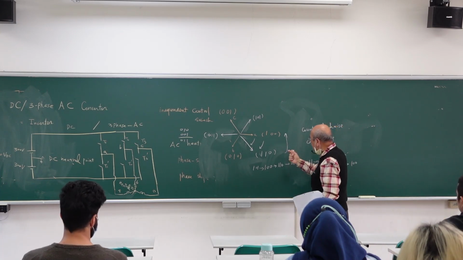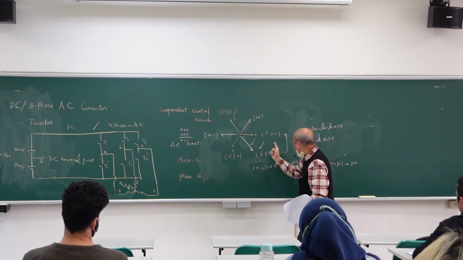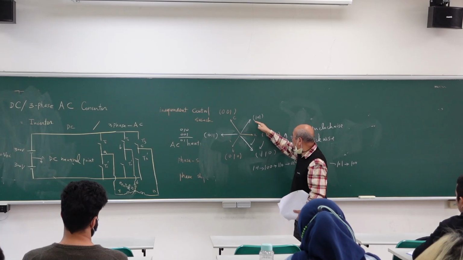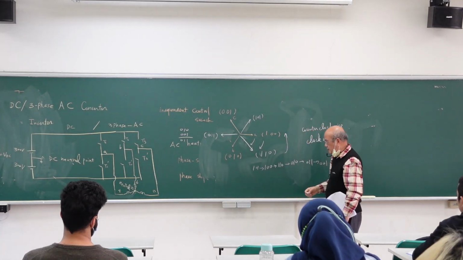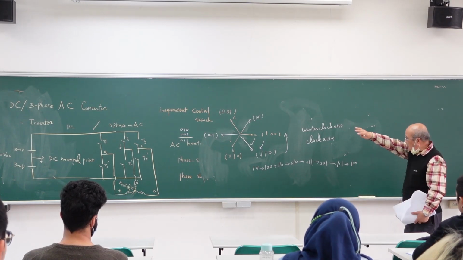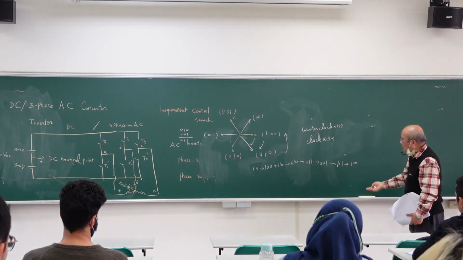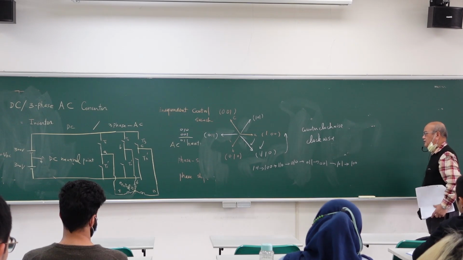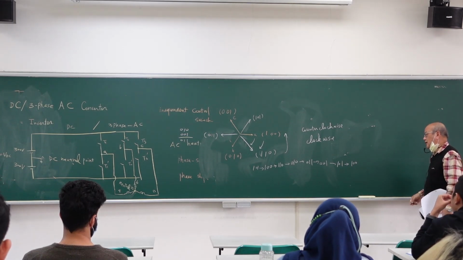Then what should you do? You have to go 1, 1, 0, 0, 1, 1, 1, 0, 1. You have to go another way. So then you can go this way, you also can go this way, if you follow this rule.